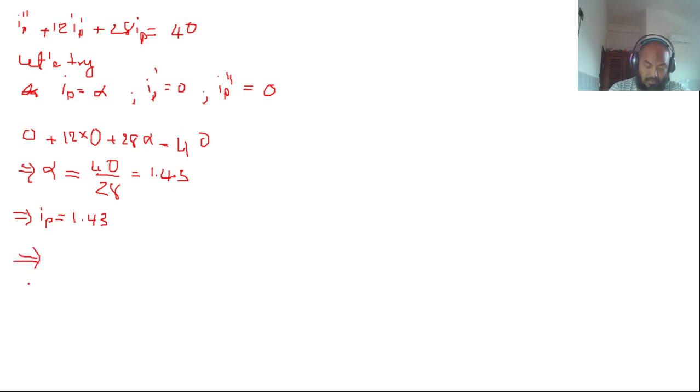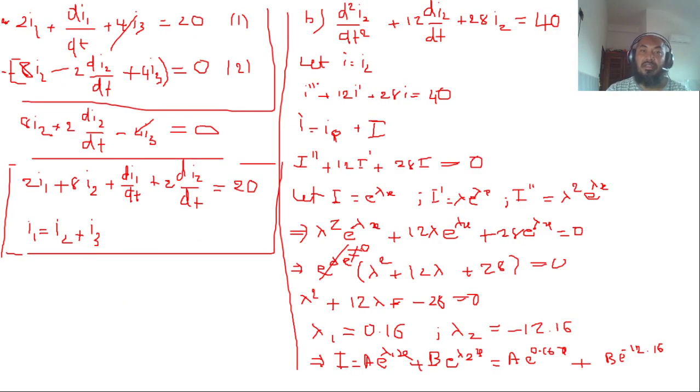So we get I is equal to 1.43 plus A E 0.16 x plus B E minus 12.16 x, then is equal to, sorry, this is not x, it should be t, sorry, this is t, should be t, because our variable is time, not x.